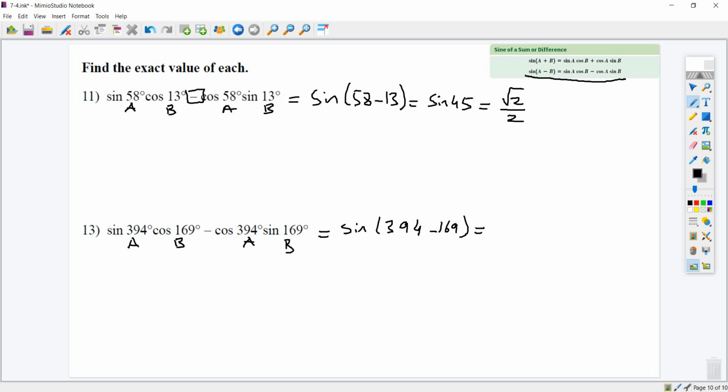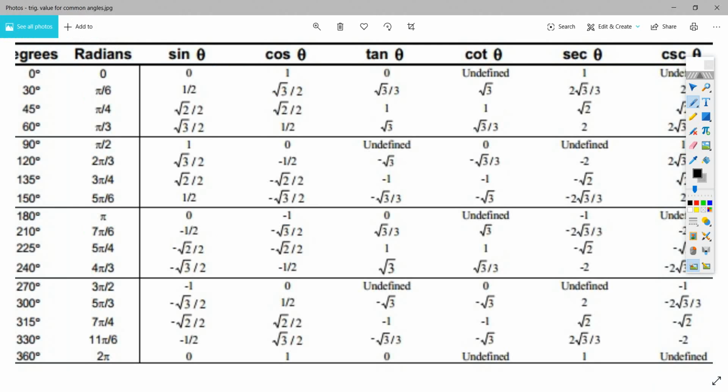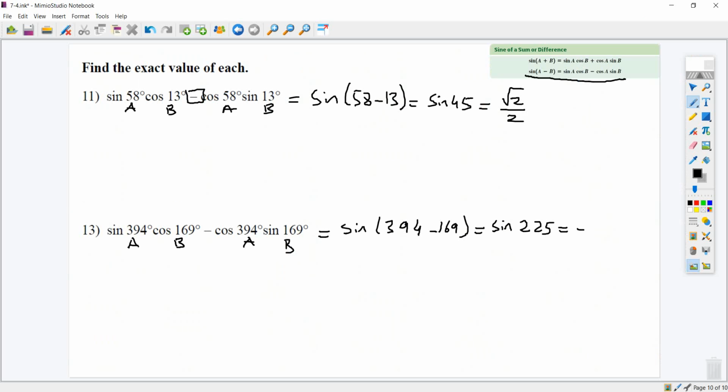If you subtract 169 from 394, that's definitely sine 225. And we also know this one from the chart. The sine of 225 is negative root 2 over 2. So negative square root of 2 over 2 will be the answer.